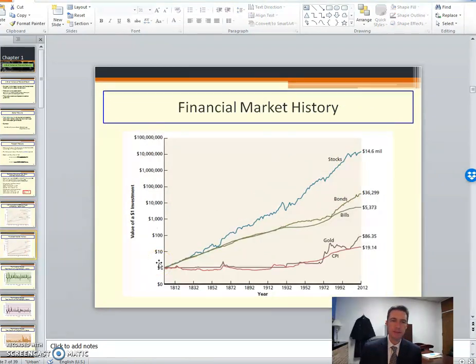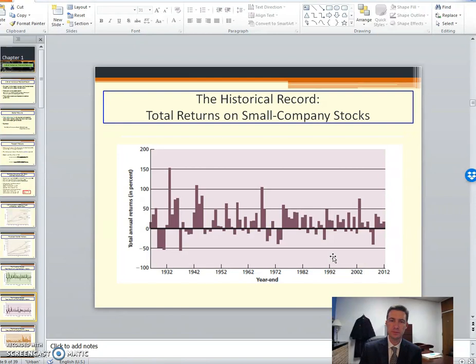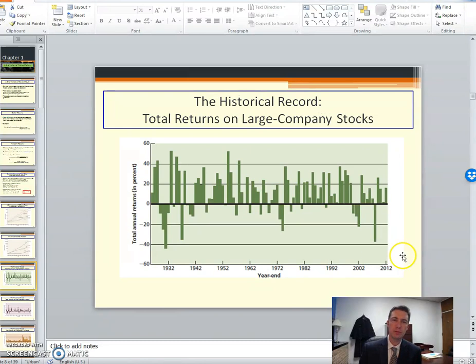So as far as financial market history, you have stocks providing greater returns, bonds providing lower returns, bills providing lower returns, and look at gold. Gold hasn't provided such a large return. And then the CPI is the inflation. Notice, these are the annual returns for large company stocks over this 100-year period, more or less. Notice the range.